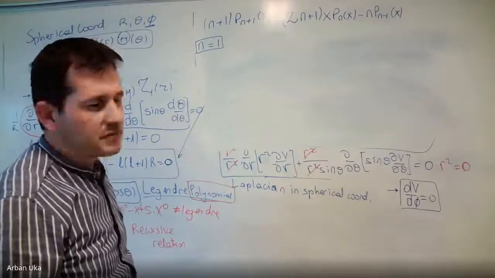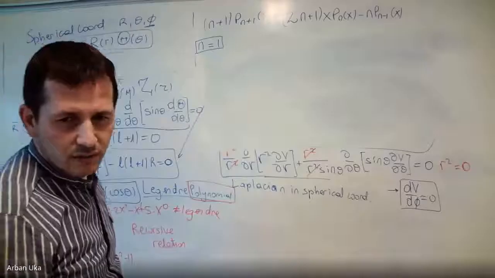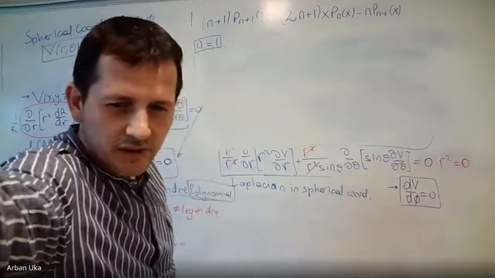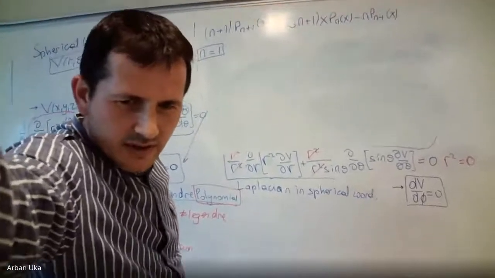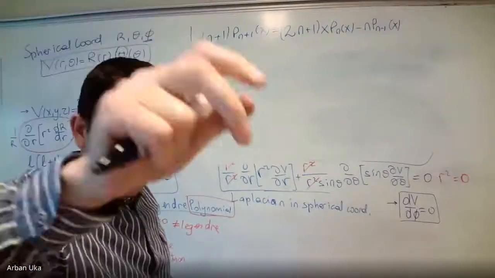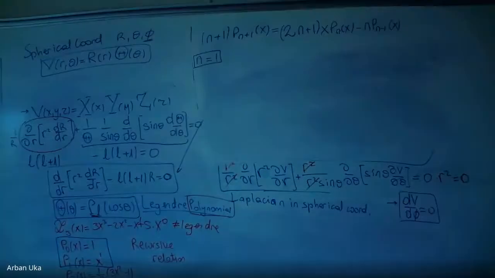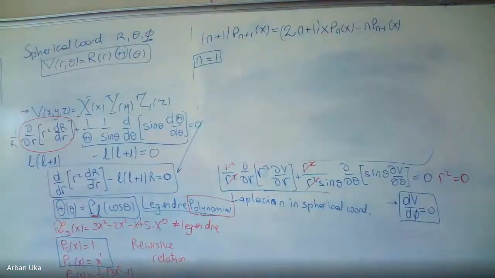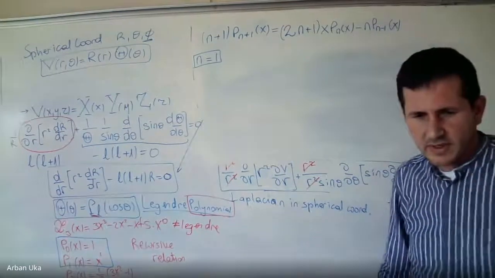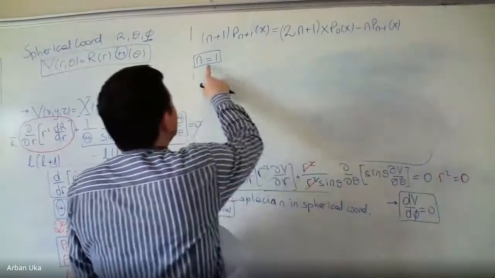Let me see this one. This is equal to 2. Let's look at this. Does it look good? Now it's better. Okay, so let's substitute n equal to 1 here.